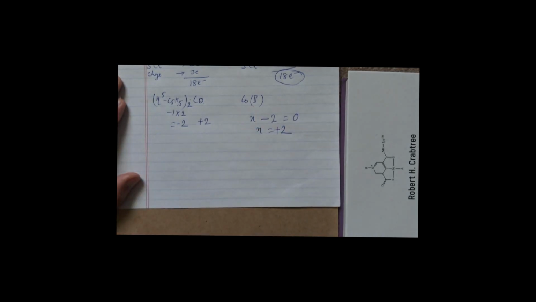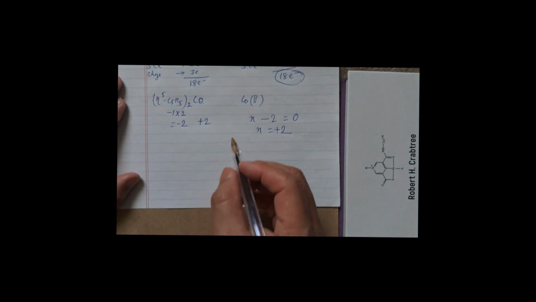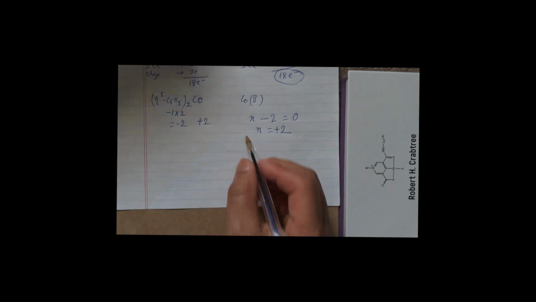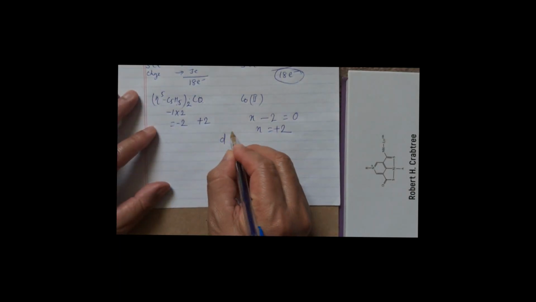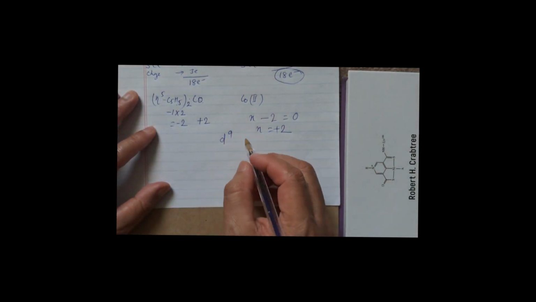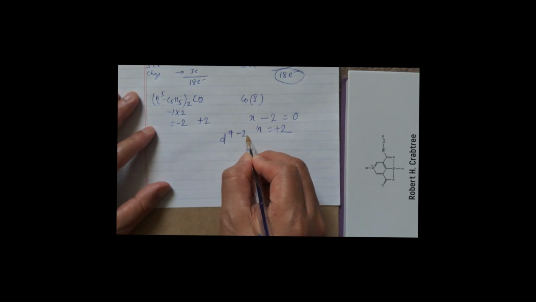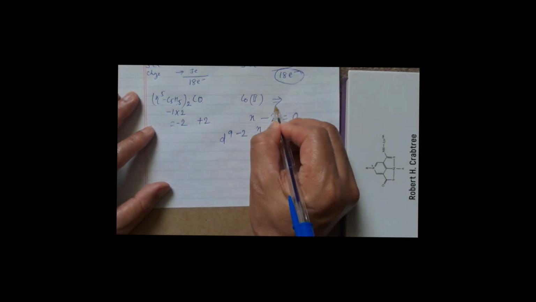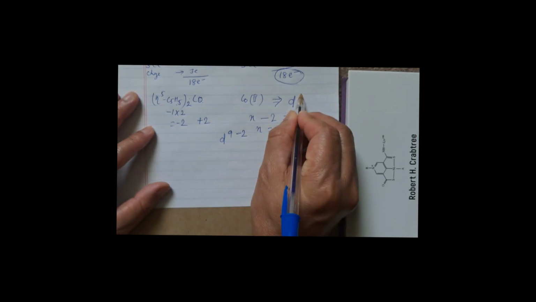Now you need to go to the cobalt periodic table again. We know that it has d9 when it is in the 0 oxidation state, but now we need 2, so you subtract 2, and you'll get d7.